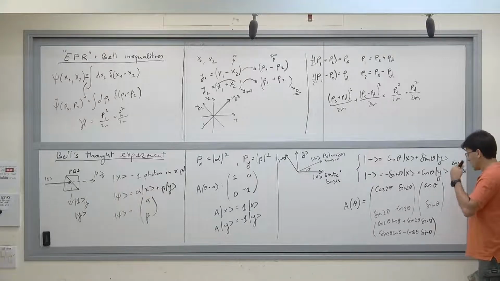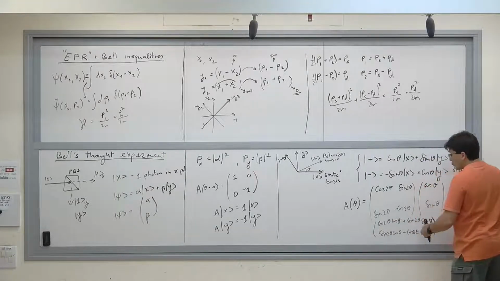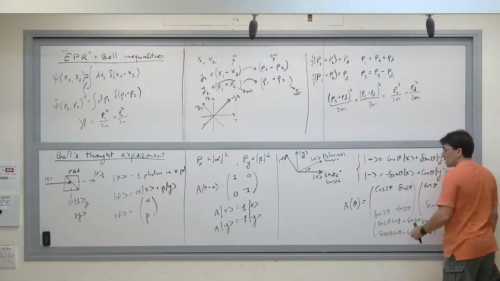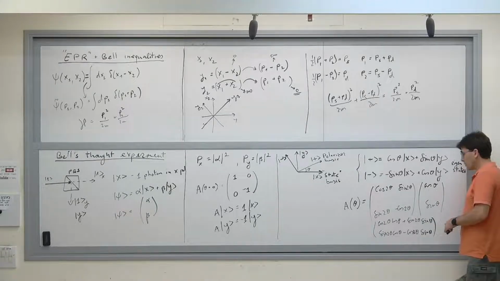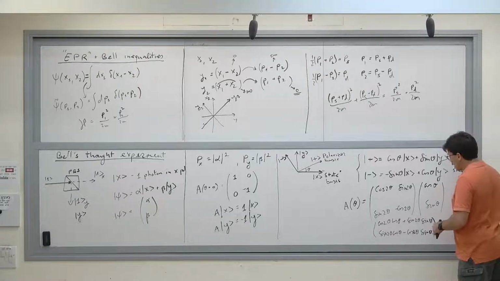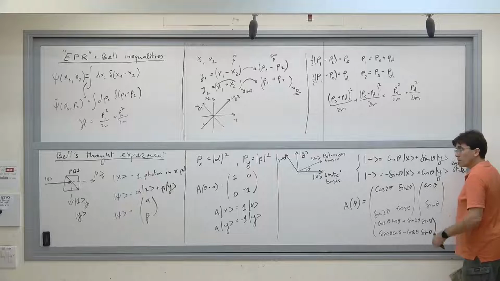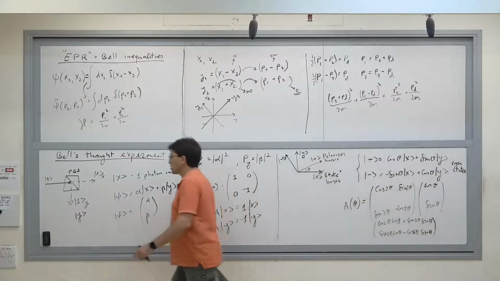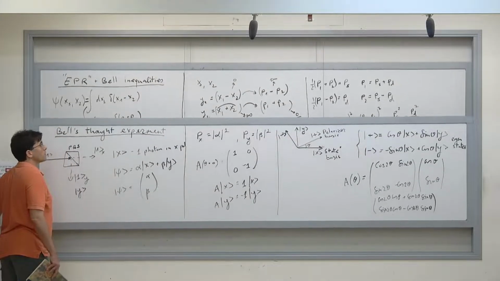Now, we need to work a little bit, so we need to open this. You remember that cosine 2 theta is cosine squared minus sine squared, and sine 2 theta is twice sine theta cosine theta. So let's do this once, just so we see how it works.